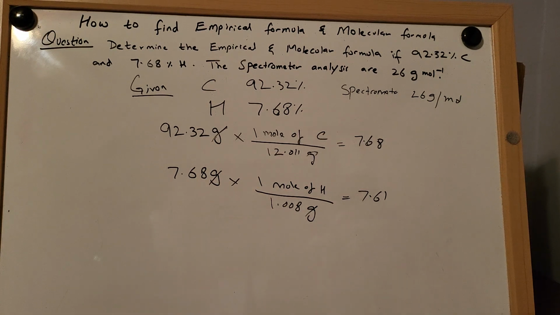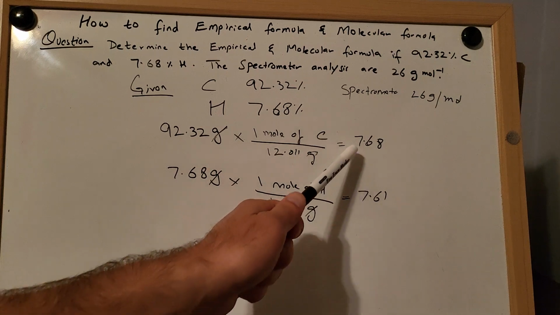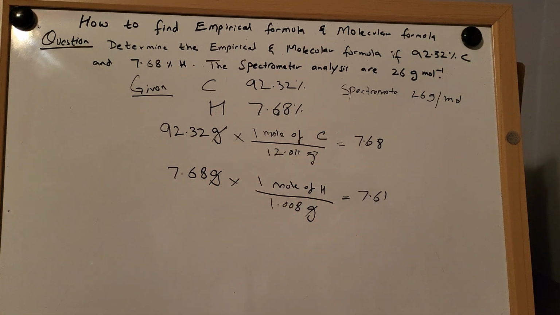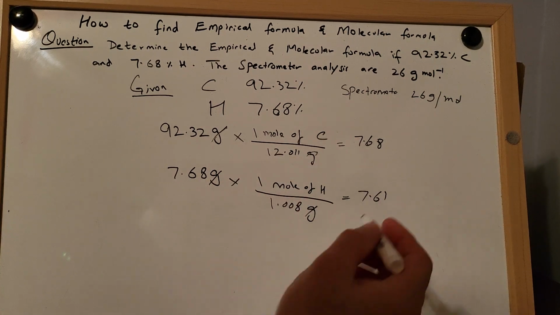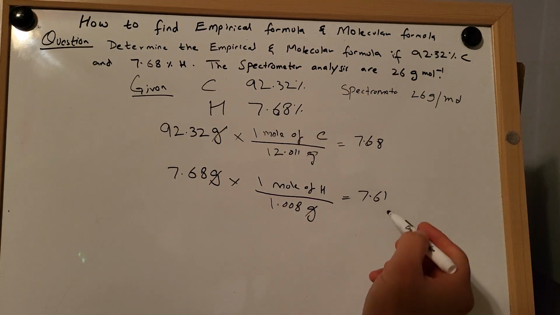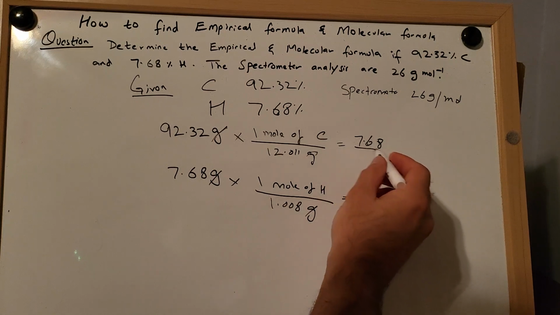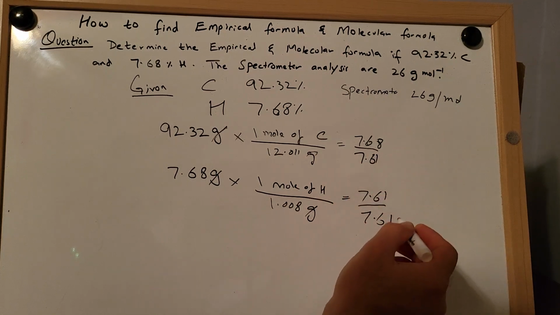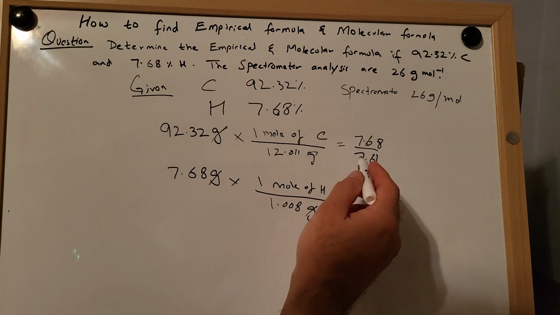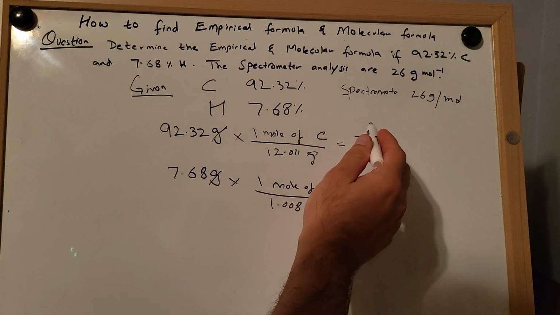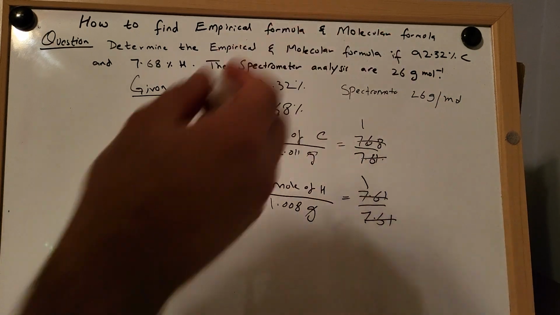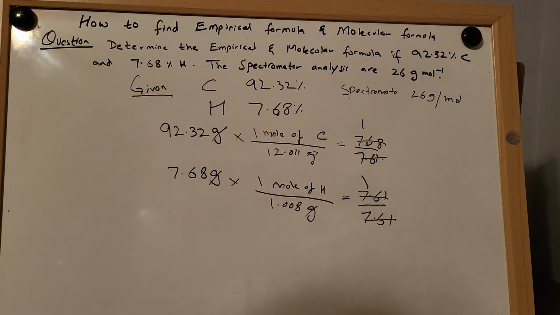Now at this point, the next step is you have to divide by whichever is smaller. From these, the smaller one is 7.61. So you will divide by 7.61. This will cancel to 1, and this one will be almost 1, it's going to be 0.9999, but it's almost 1.